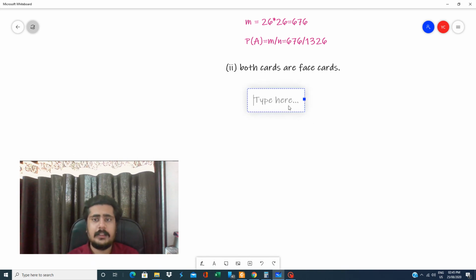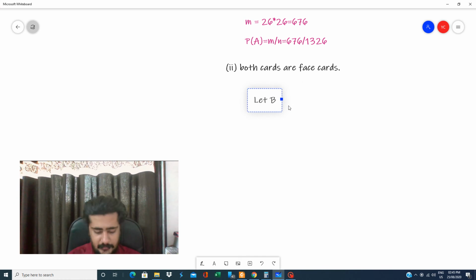Now they are telling us that both cards should be face cards. Now how many face cards do you have? See, in one particular design, if I'm talking about spade, there are three face cards. The 11th, 12th and 13th cards are known as face cards. So in one particular pattern, there are three face cards. So in total 52 cards, there are 12 face cards, 3 into 4. So you want both cards as face cards.